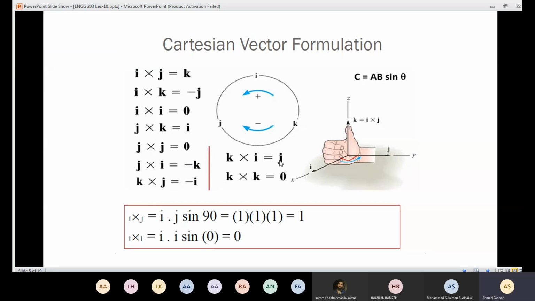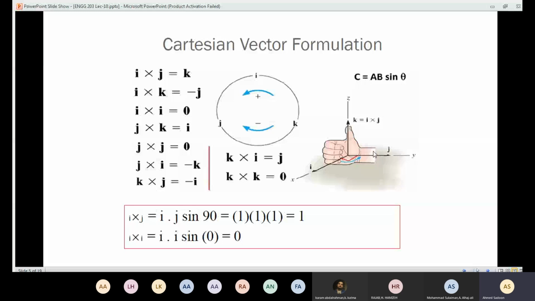So let's try to get the value of J cross K. Now I have a plane. This plane here is made from J and K. And I want to get the cross product of J cross K. So here is my plane, and I'm going to apply the right hand rule.